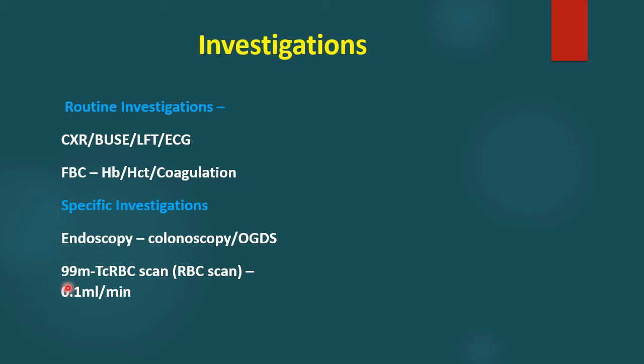The important thing is that the patient must be bleeding at a rate of 0.1 mL per minute. At this rate, the test can be positive if there is bleeding in the GIT.